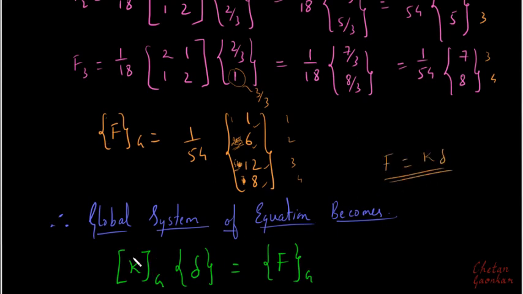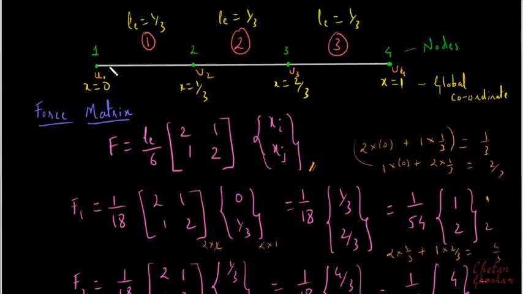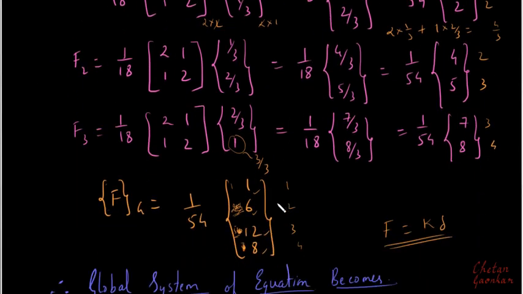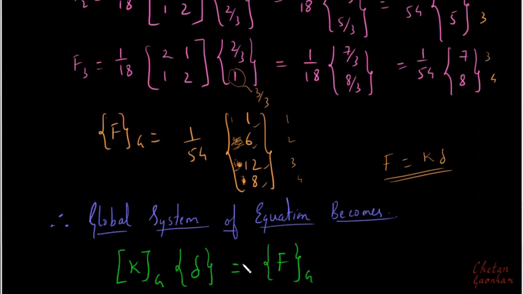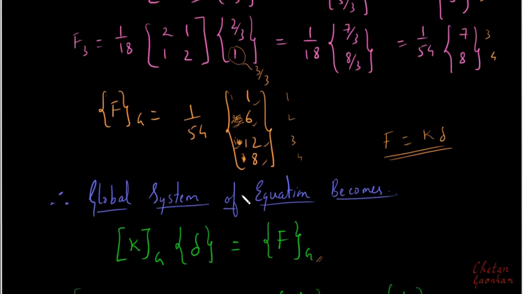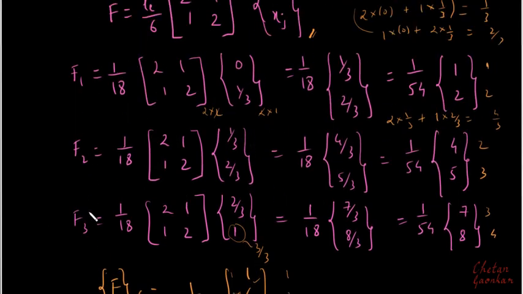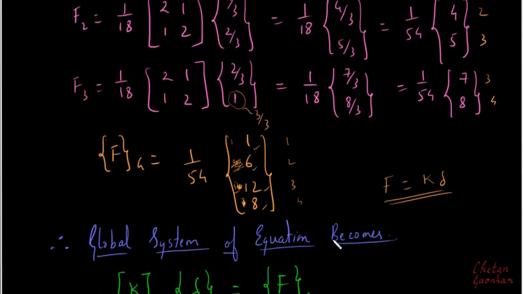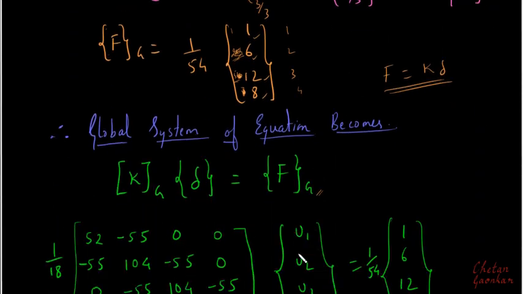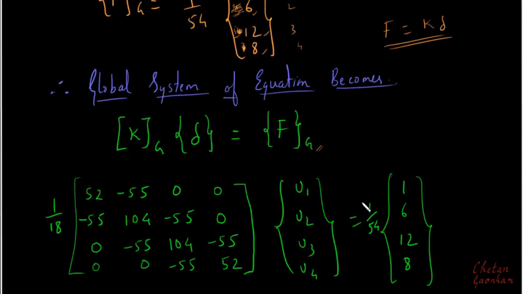So in matrix form, I can write this as K global times delta, which will be u1, u2, u3, u4, the values at those four nodes, which will be equal to the forcing function, or the force matrix F, and now it will be at the global level. Earlier all of this was at the element level, but now we'll be using the global level. And then finally, if I substitute it, I will get this.